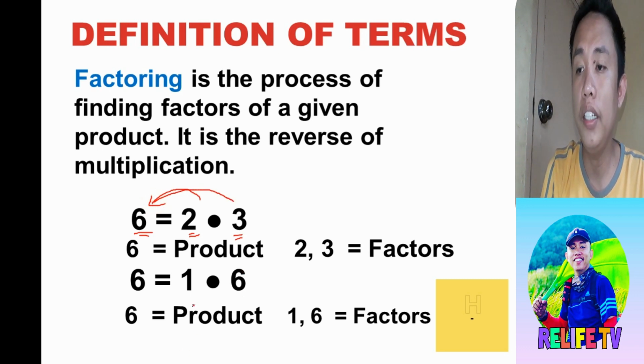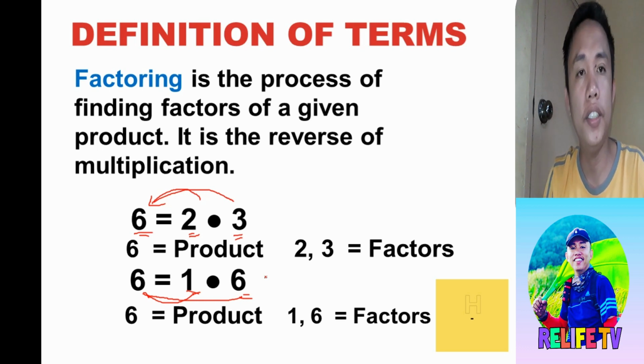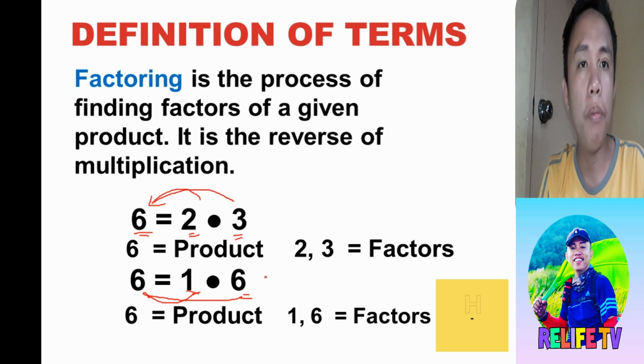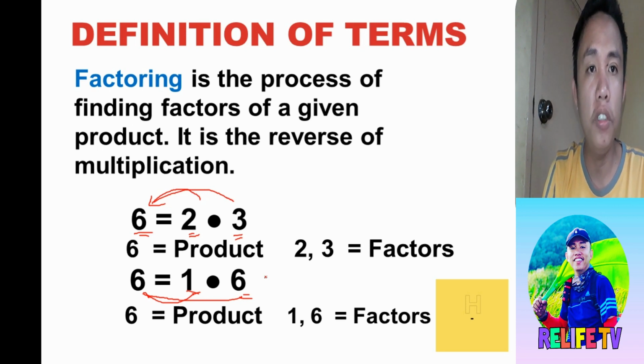Same thing with 1 at 6. 1 times 6 is definitely 6. So, 2 and 3 are tend to be the factor. Pag sinabing factor kasi, factoring, naghanap tayo ng dalawang numero o dalawang expression kung algebra ang pinag-uusapan natin, na pwede natin pag-multiplyin para makuha yung product.